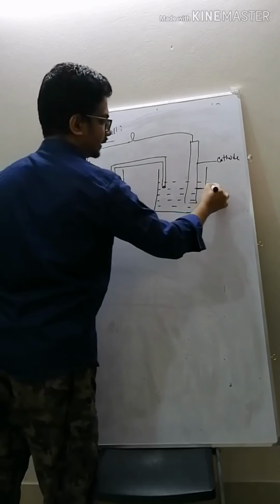It is the line where electron passes through from here to here, and electricity passes from right to left.